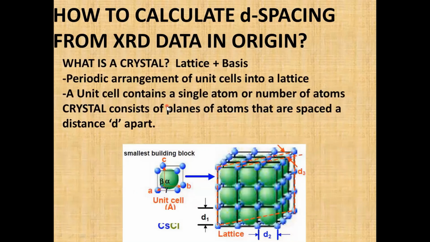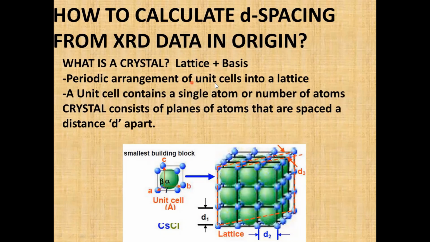Okay, so let's start with the basics. What is a crystal? A crystal consists of a lattice plus a basis. A lattice is a periodic arrangement of imaginary points, and the basis is the number of atoms on the imaginary points of the lattice.